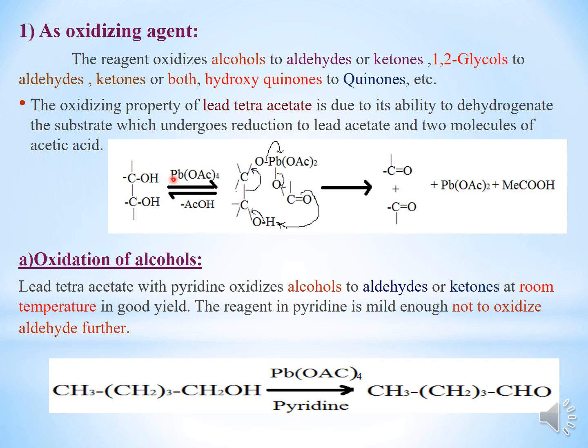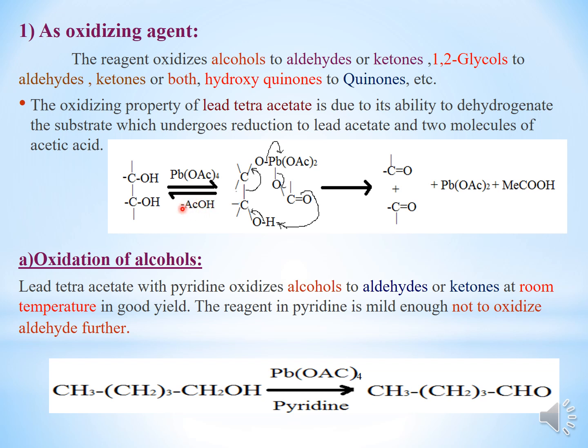When it is attacking, there are 4 molecules of CH3COOH on the lead, so one of the CH3COO minus goes and attacks the H. This results in the cleavage of acetic acid.